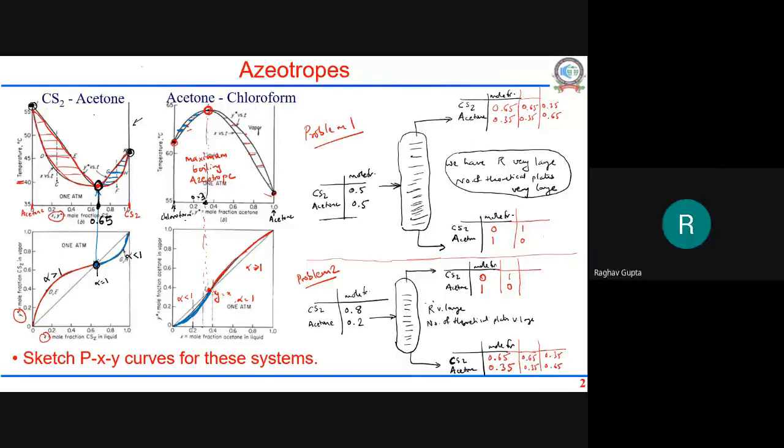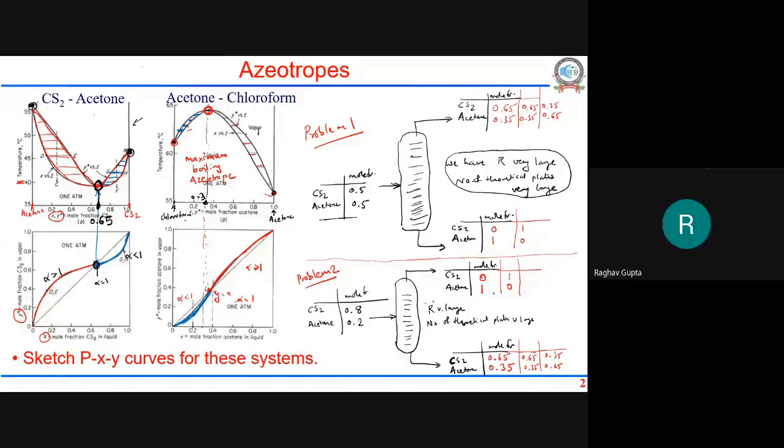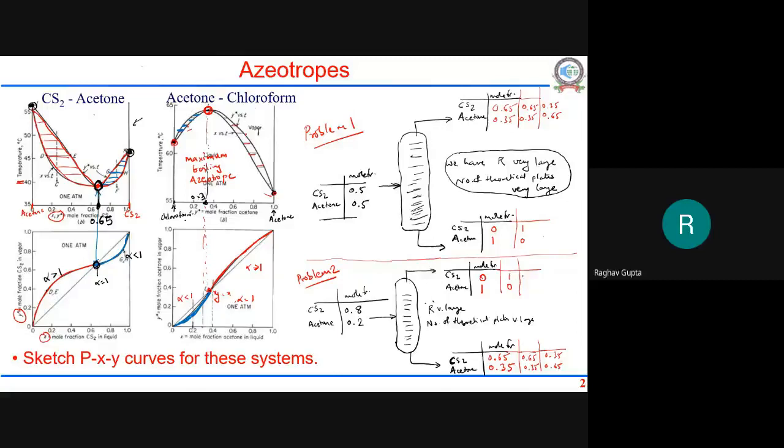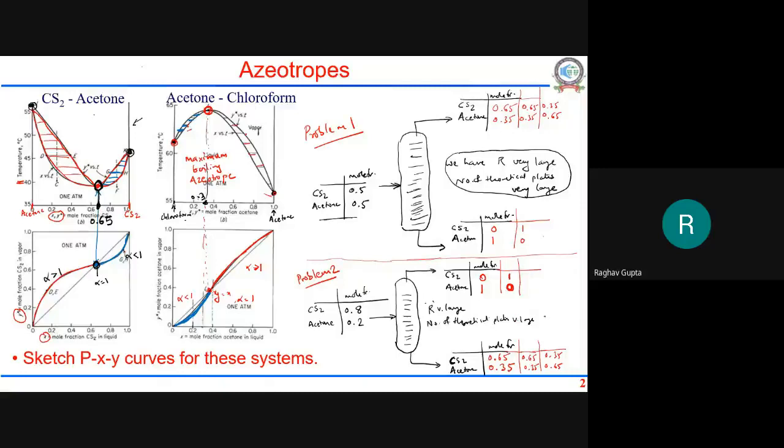Which is 1, which is 0? Everything is already written. 0 and 1 is written, 1 and 0 is also written. I don't know who's telling what. You tell me what is your answer. Sir, in problem 2 at top, CS2 will be 1 and acetone will be 0. Okay, and bottom? Sir, bottom, I'm thinking.